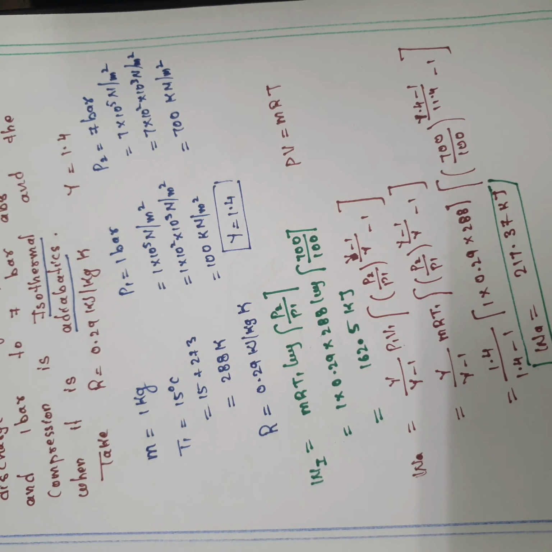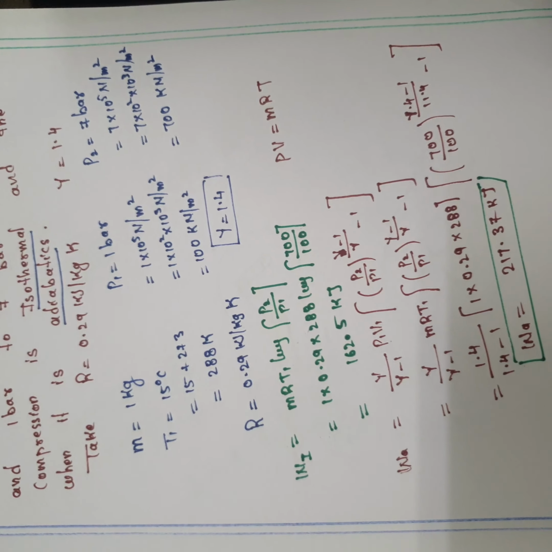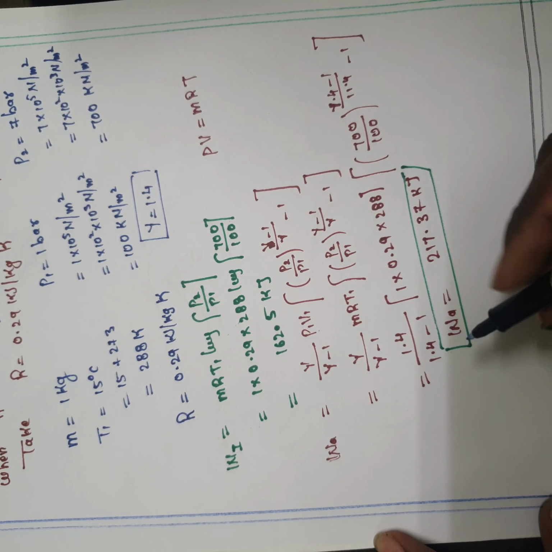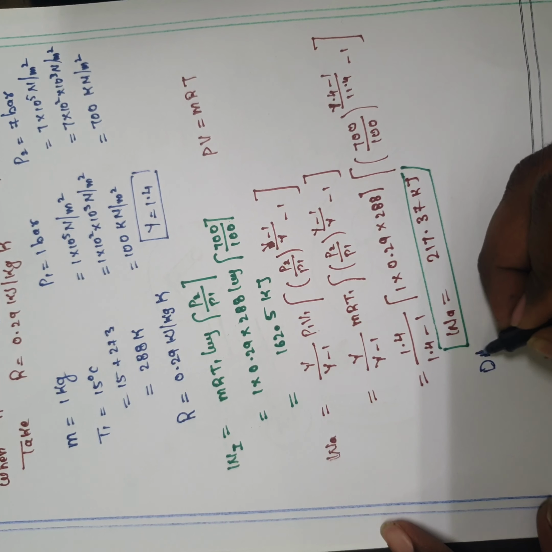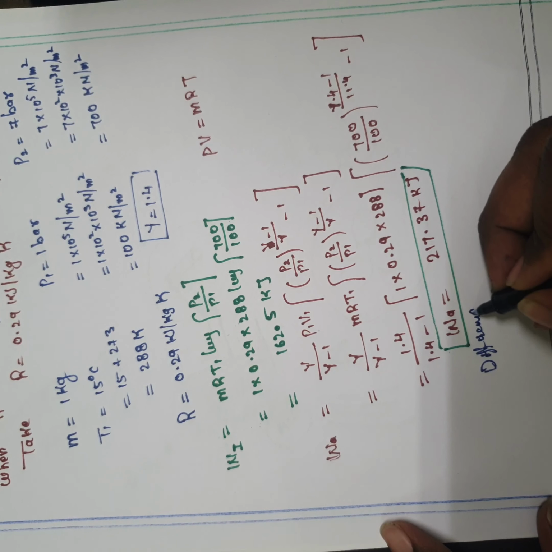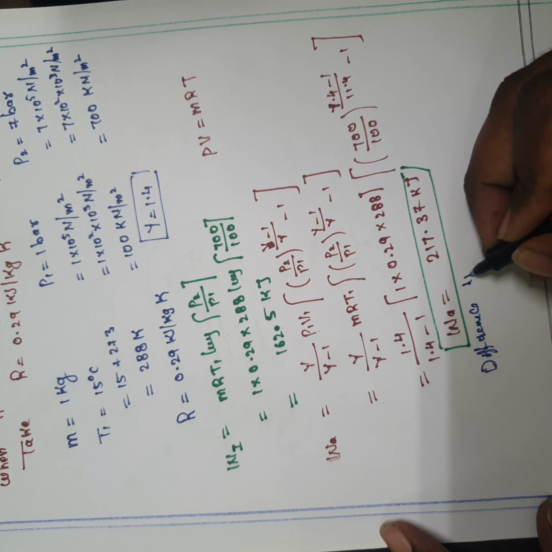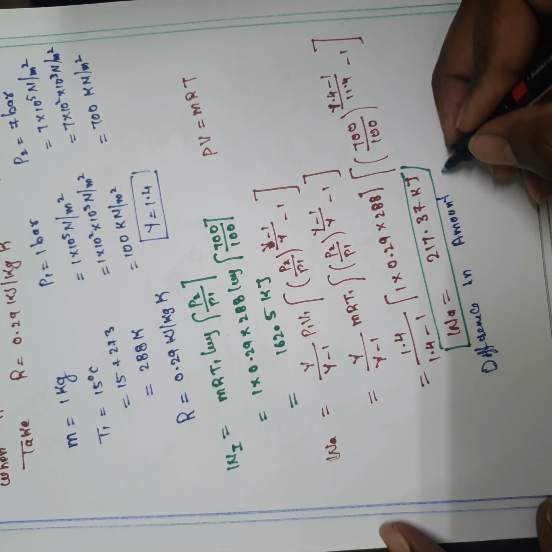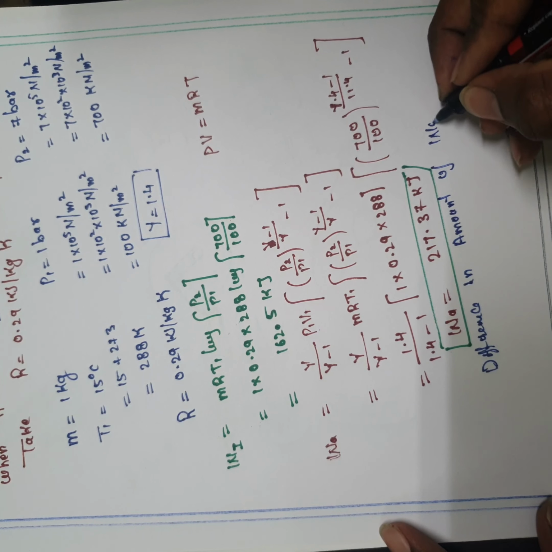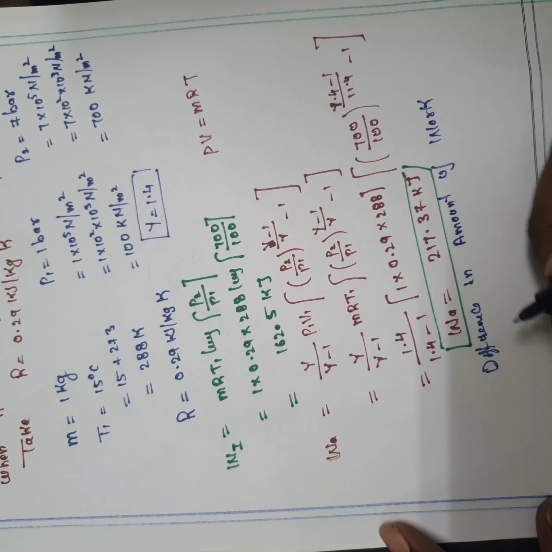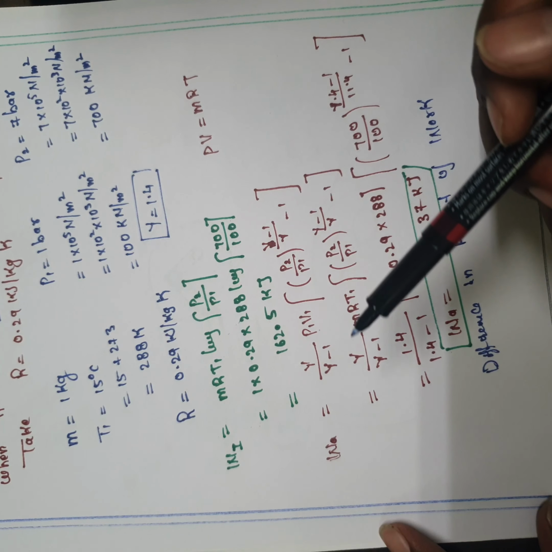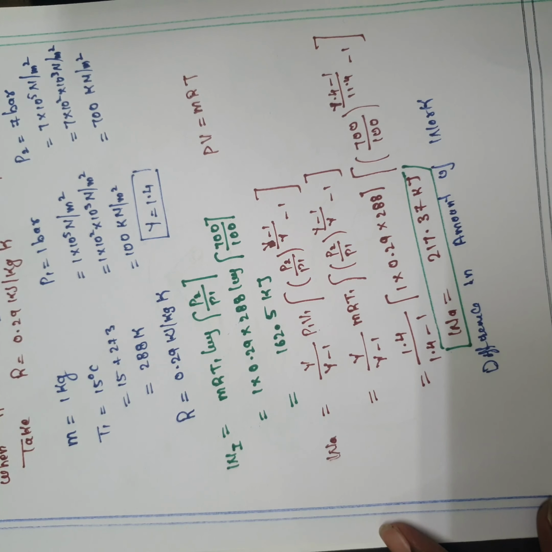Now you have to find the difference in the amount of work done. This is the WA value and this is the WI value; I means isothermal, A means adiabatic.